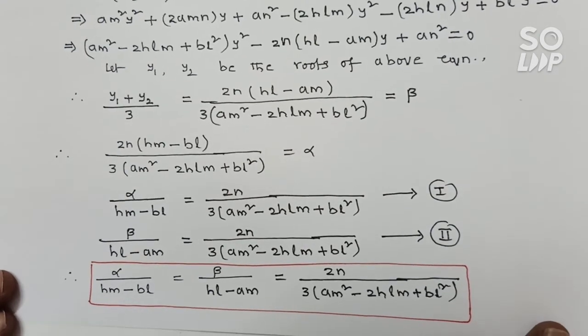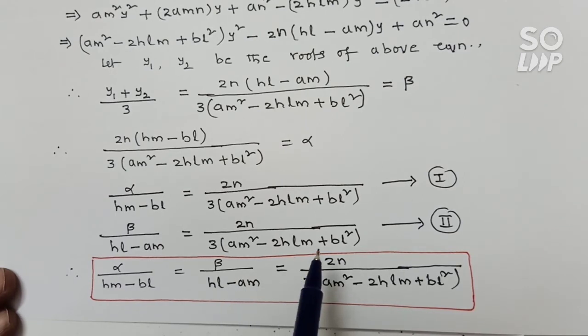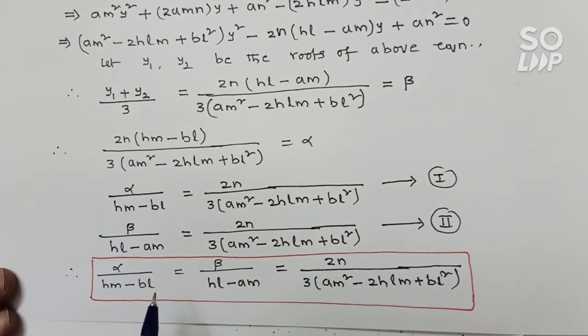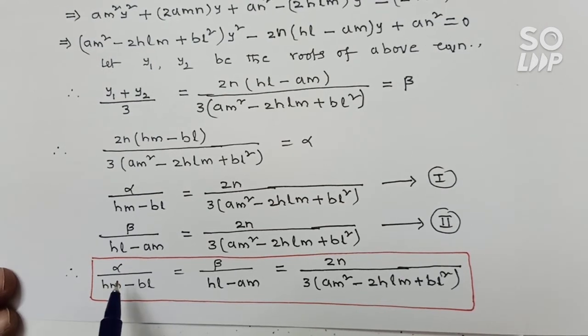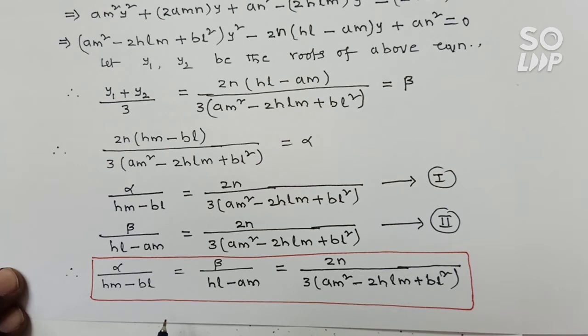So this one will be: if alpha comma beta is the centroid of the triangle formed by a x square plus 2h x y plus b y square is equal to 0 and l x plus m y plus n is equal to 0, then the result will be alpha by (h m minus b l) is equal to beta by (h l minus a m).